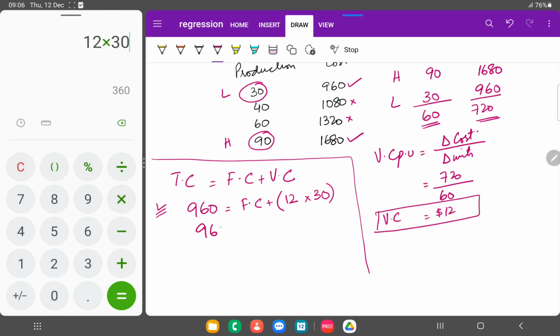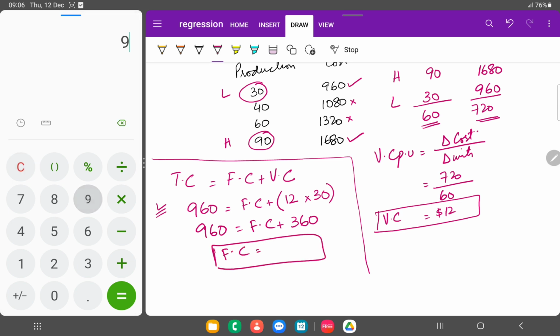So out of 960, variable cost is 360. The fixed cost will be 960 minus 360, that is 600. So we know the variable cost and the fixed cost, and we are done with this question.